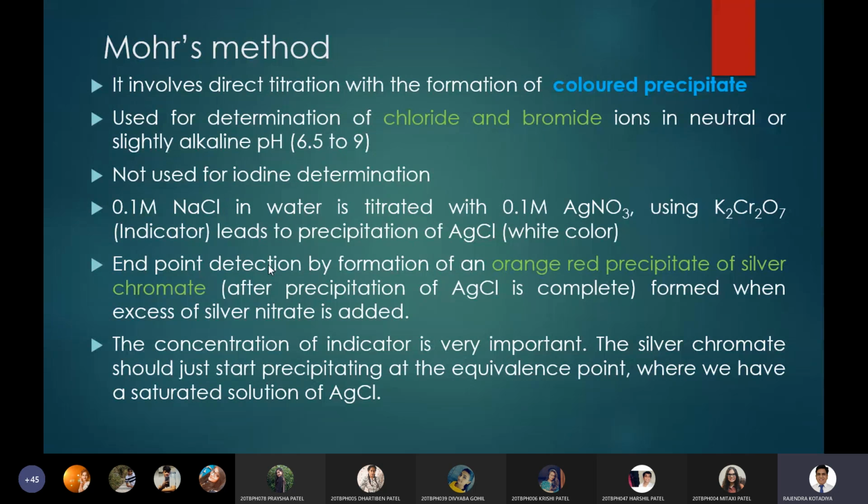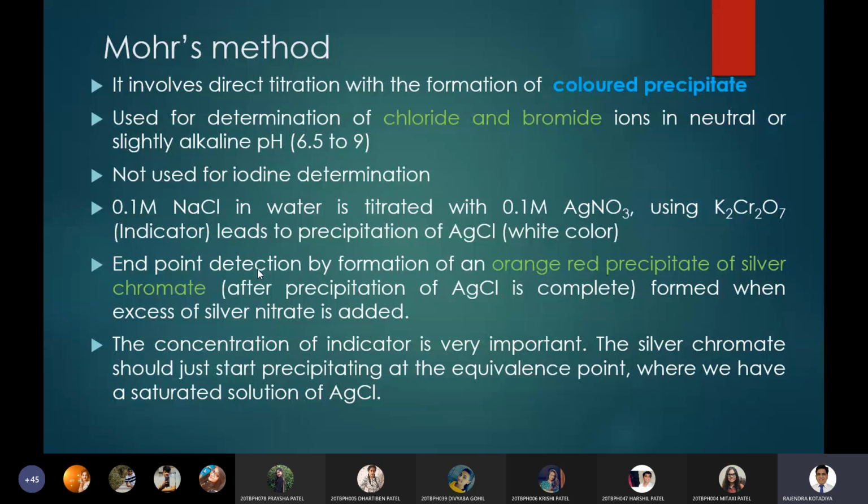So Mohr's method is nothing but direct titration. The analyte, what was our analyte? NaCl, we have taken it in the conical flask, and the titrant AgNO3 undergoes direct titration with the NaCl, and it will form a colored precipitate.